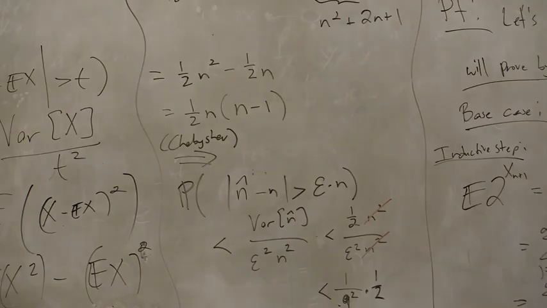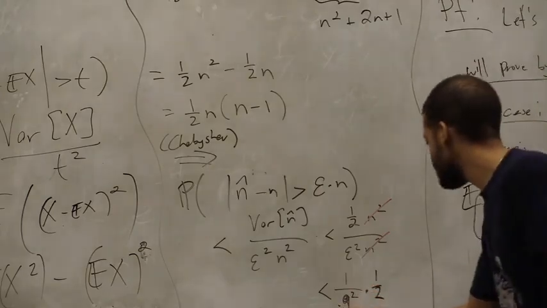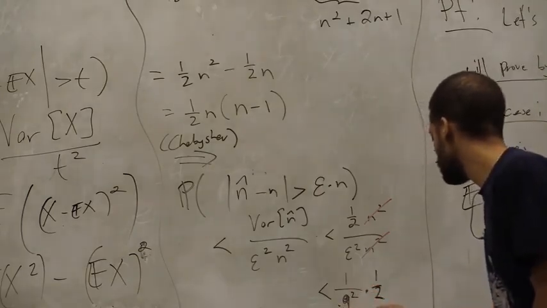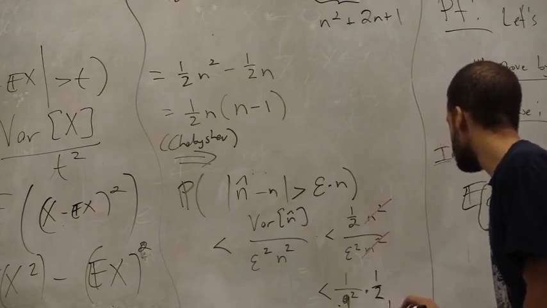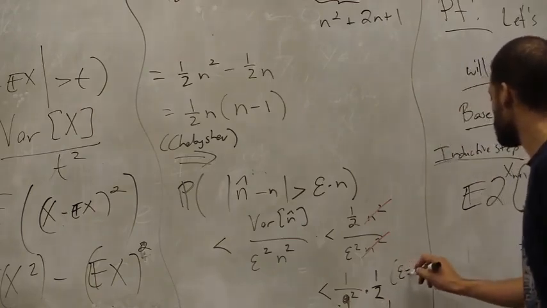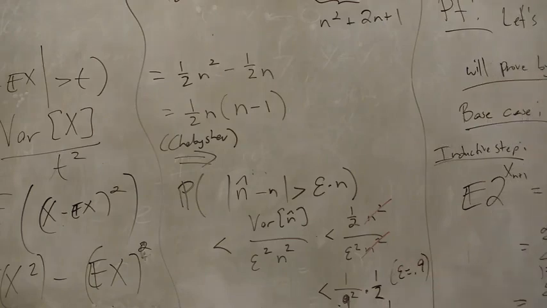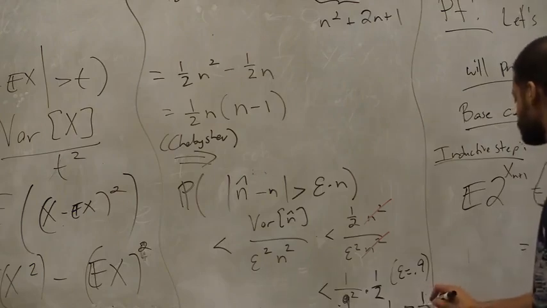If you square it, you get roughly 1.2. So this is roughly 1.2 times 1/2. Here I'm assuming epsilon is like 0.9, which isn't great. So this is certainly bigger than 1/3.